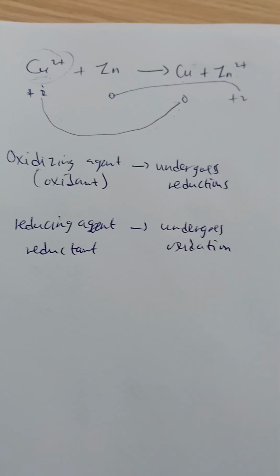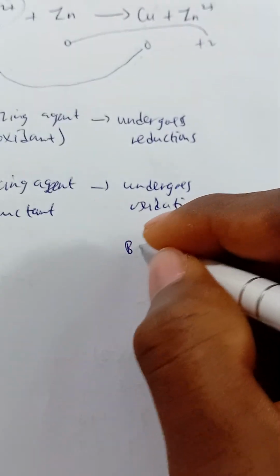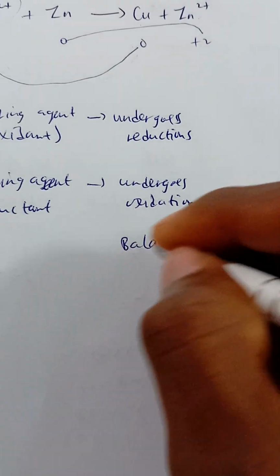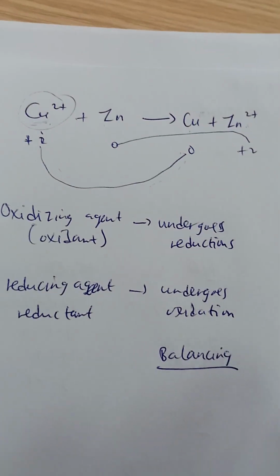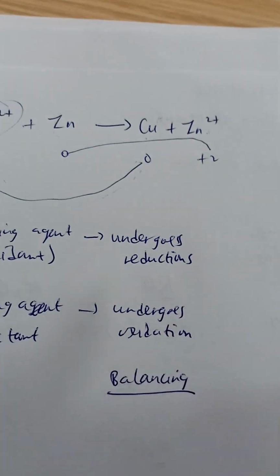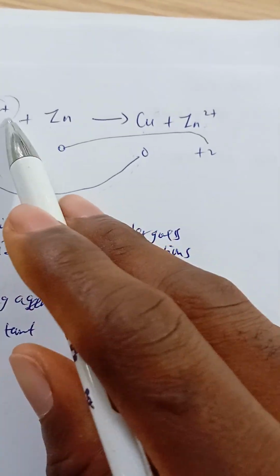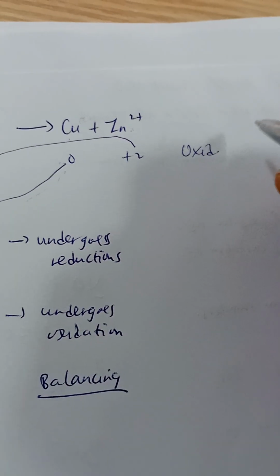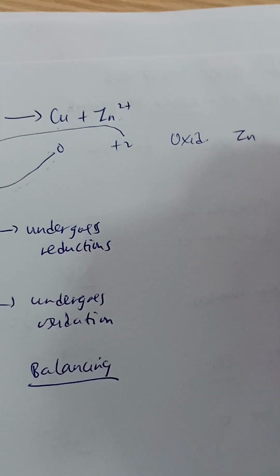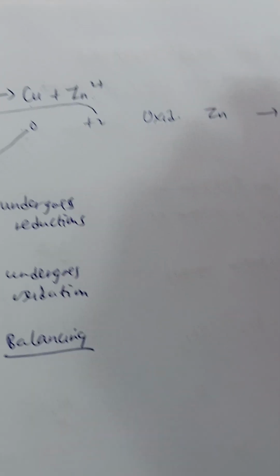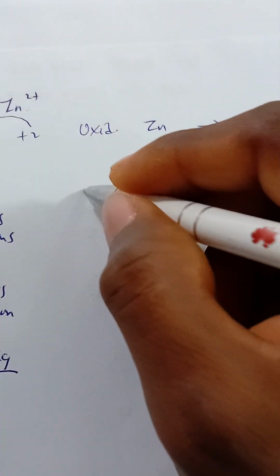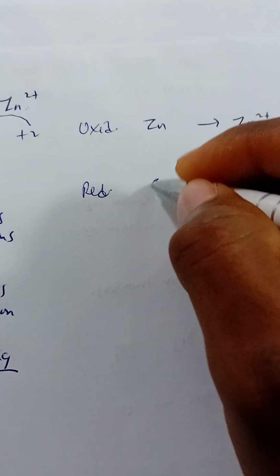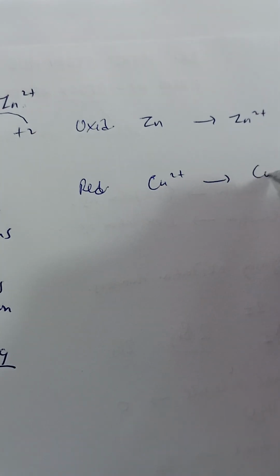Now let's see how we can balance redox reactions. Before I proceed, if you look at this, you can write an equation for the oxidation process: Zn going to Zn2+. And the reduction process is Cu2+ going to Cu.